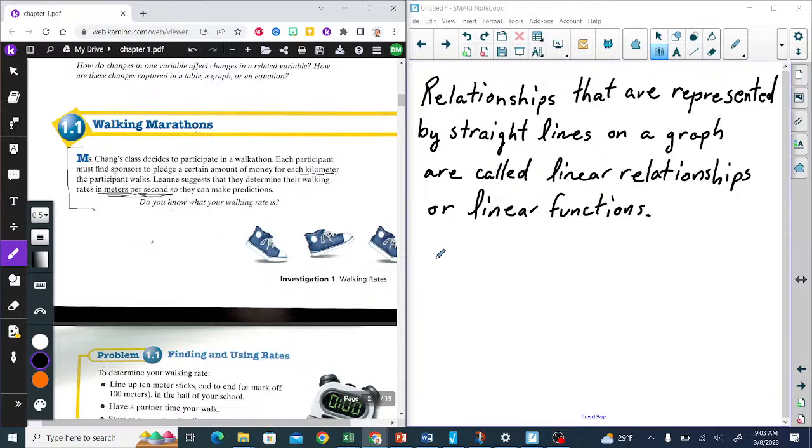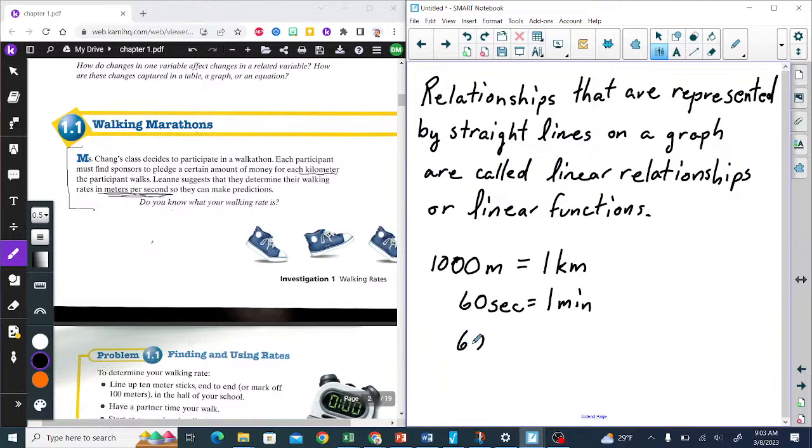Something to make sure that we know is that there are 1,000 meters in 1 kilometer. Also, because we don't use seconds a whole lot when we talk about how long it takes to walk a kilometer, there's 60 seconds to 1 minute, and then there's 60 minutes to 1 hour.